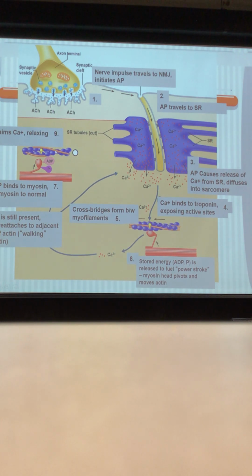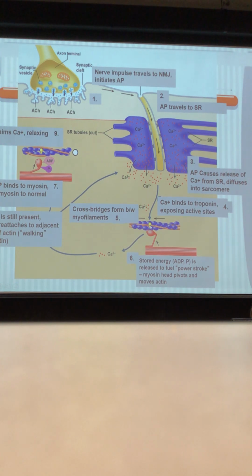They're covered by this orange band, the other protein subunit called tropomyosin. When calcium binds to this yellow troponin, it shifts the orange band.